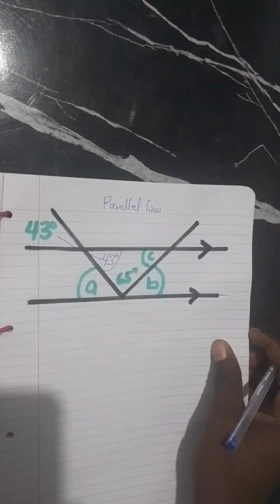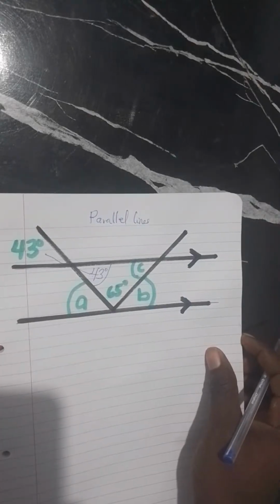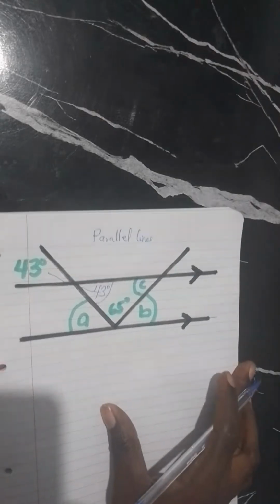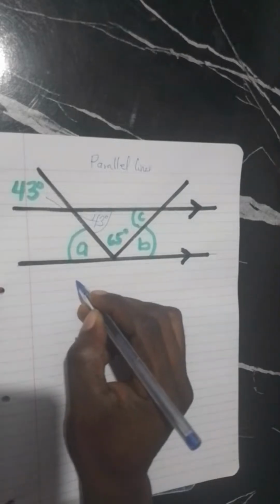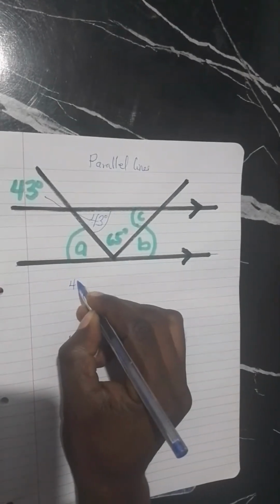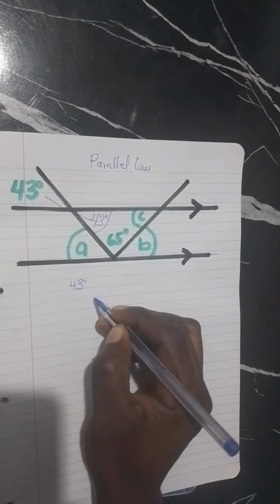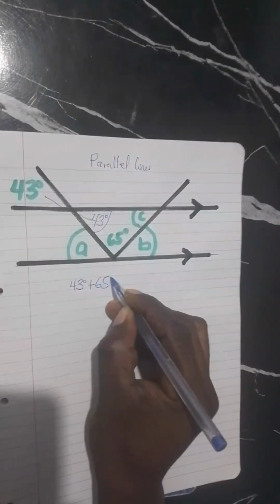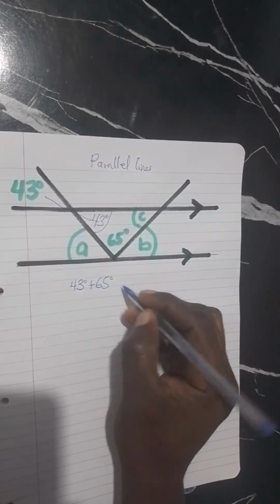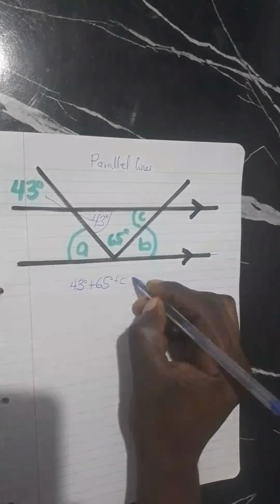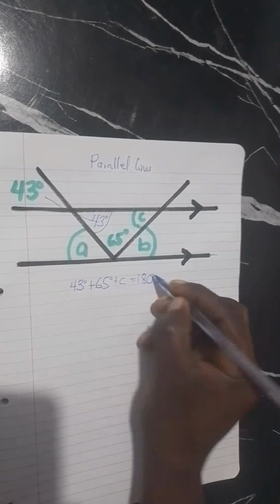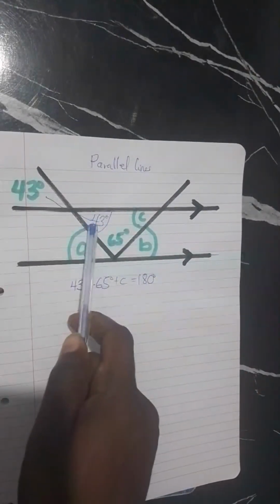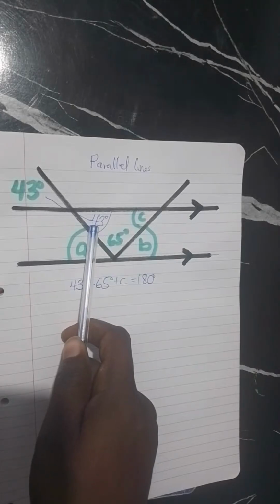So the sum of angles in a triangle is 180. So you'll have 43 degrees plus 65 degrees plus C. We have three angles in a triangle.